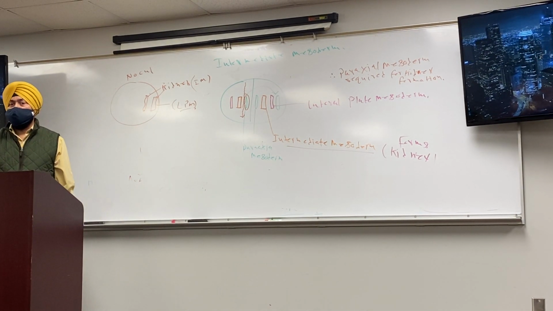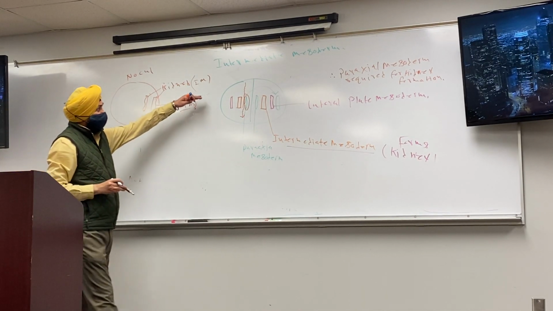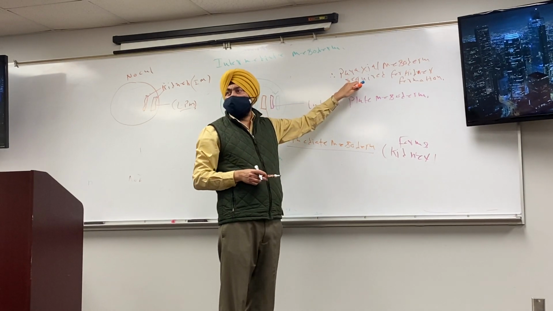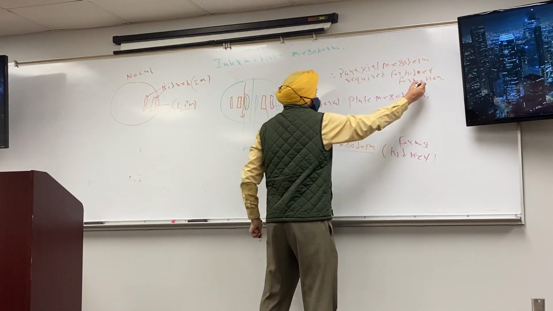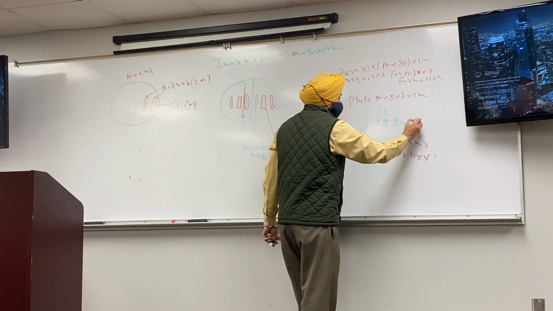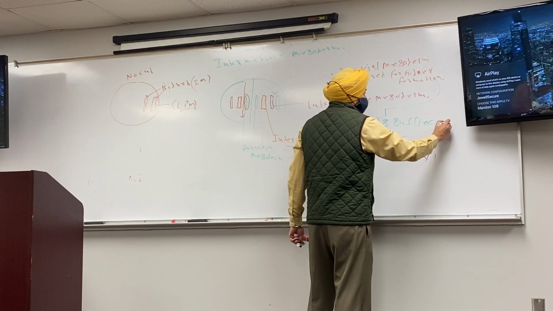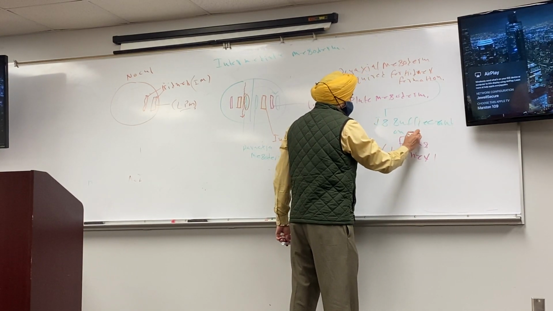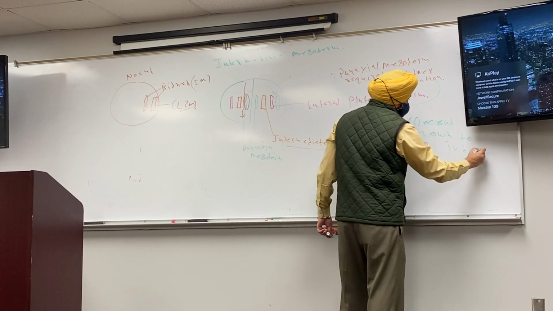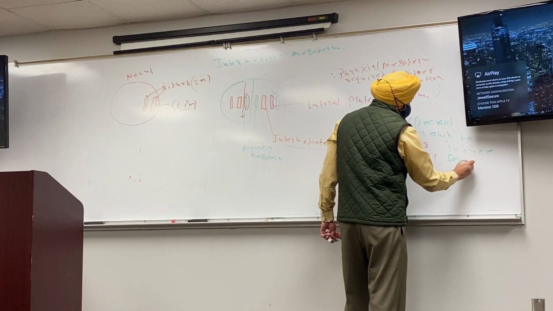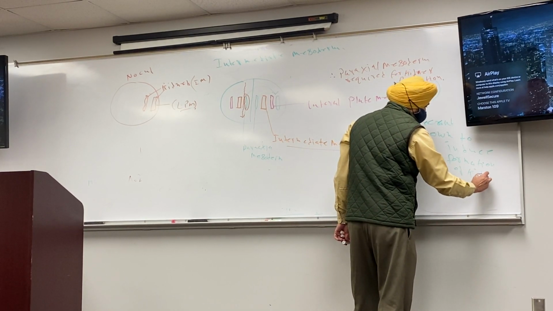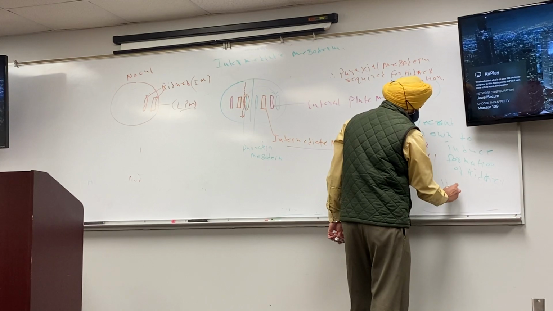So what does it mean? It means that paraxial mesoderm is not only required for kidney formation, it is actually sufficient on its own to induce formation of kidney in mesoderm.